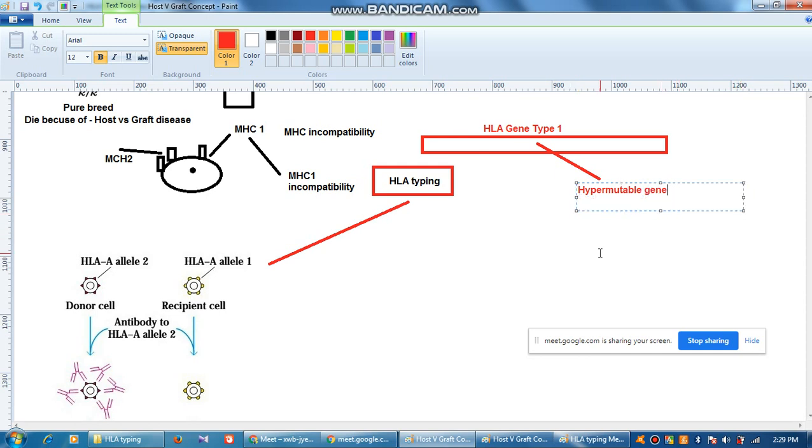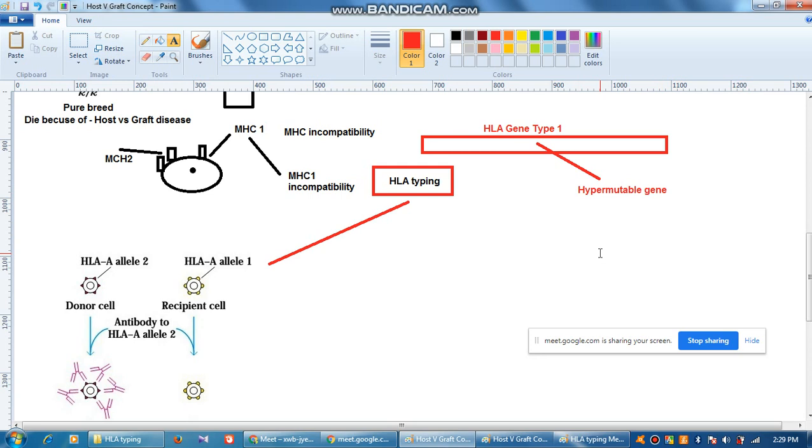It means that in our body so many genes are there. Okay, so out of that the HLA genes 1, 2 and 3, all three, these are some kind of genes where rearrangement takes place continuously. Okay, and therefore the structure of the gene changes rapidly.